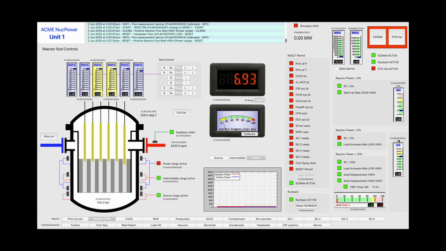We will instead use the load increase rate gauge below it, which has slightly different limits. We want to continue to increase reactor power.